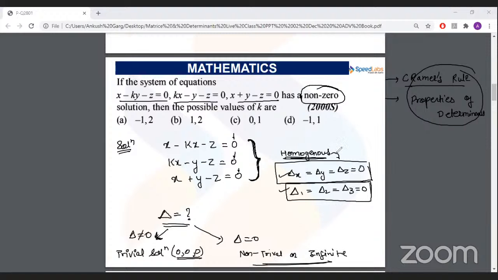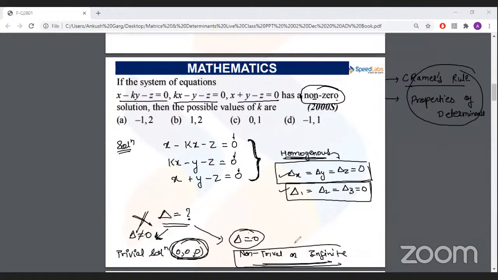Here we want a non-zero solution, so we don't want the trivial case, since there all solutions are zero. For this condition delta should be equal to 0. I explained it a bit so that everyone can revise quickly.